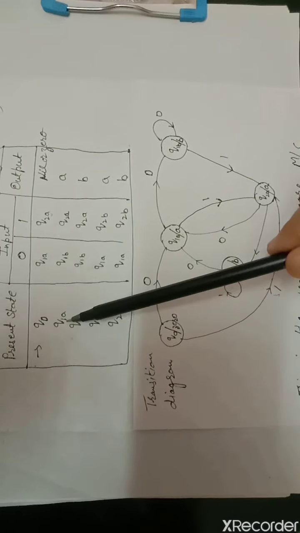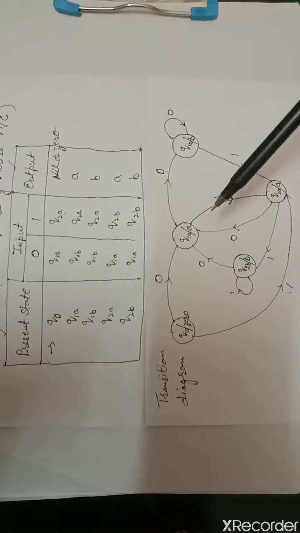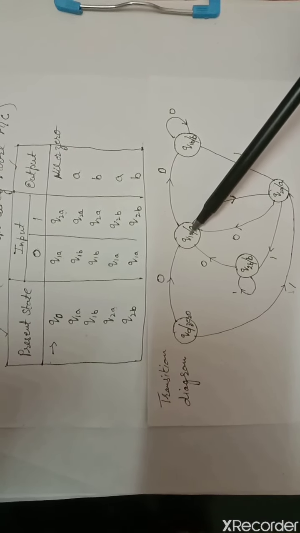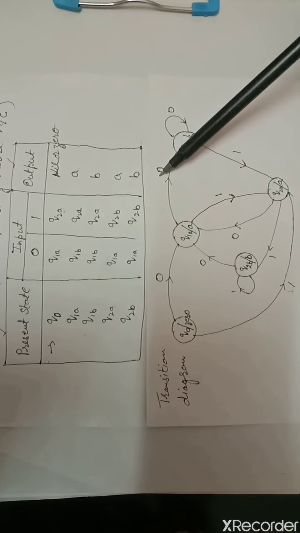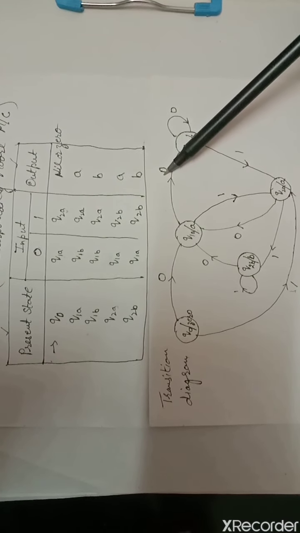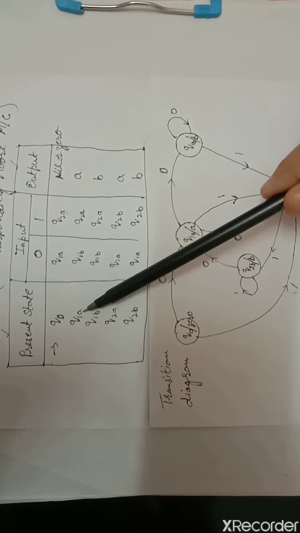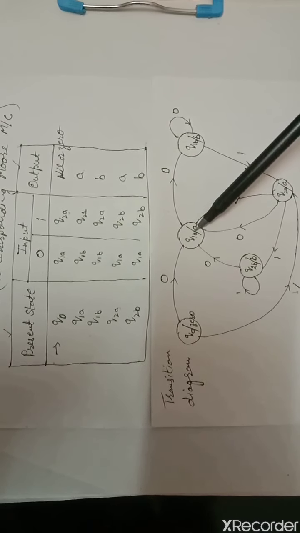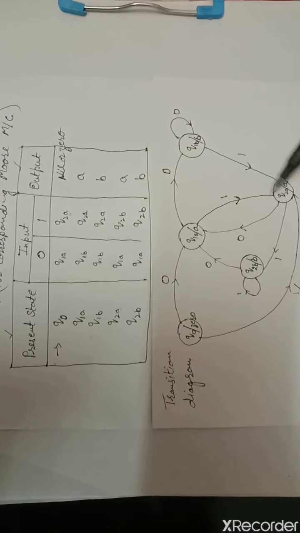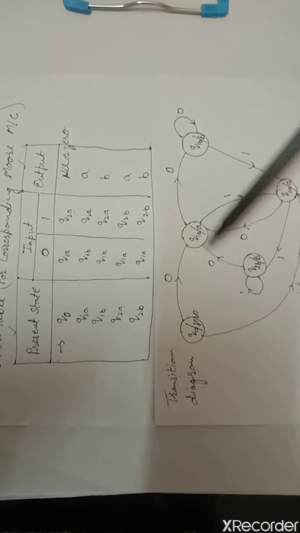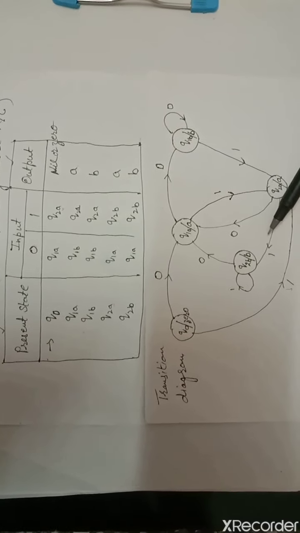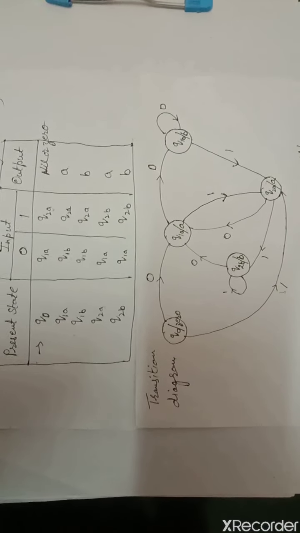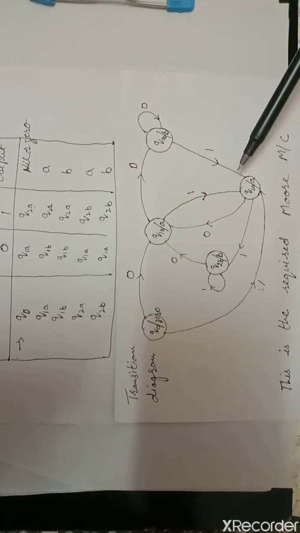Again with 0 input, Q1A moves to Q1B. With 1 input, Q1A moves to Q2A. Similarly, you can complete this diagram, and this is the required Moore machine.